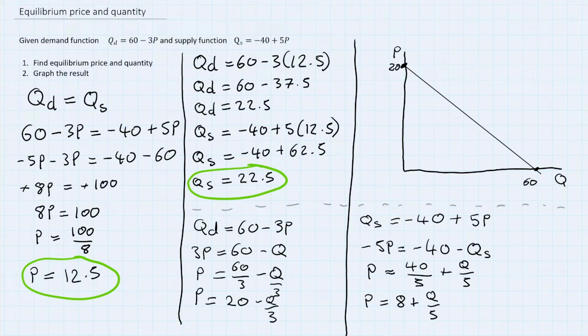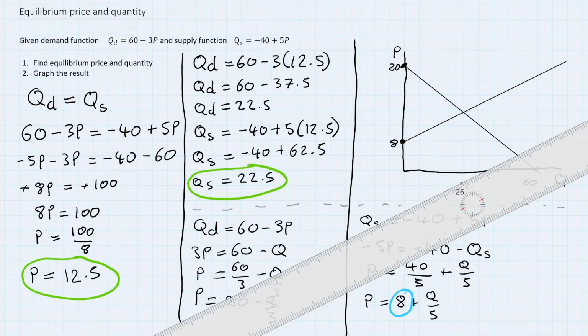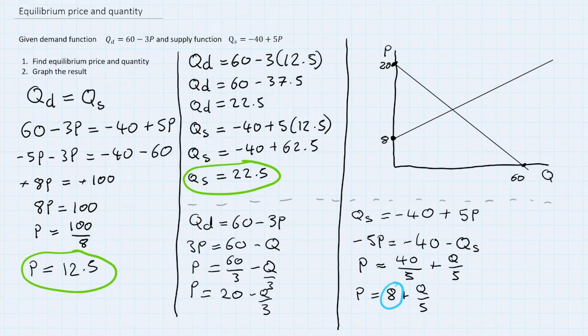And there we have it, the supply intercepts for P at 8. So let's draw that in. While we're here, we'll just label these lines for a bit of clarity.